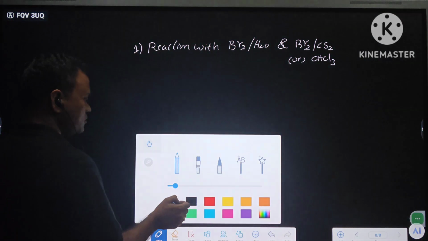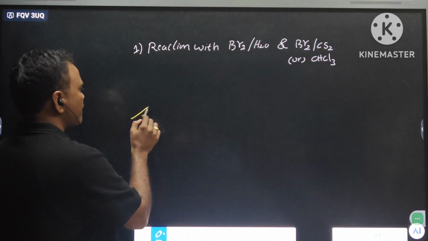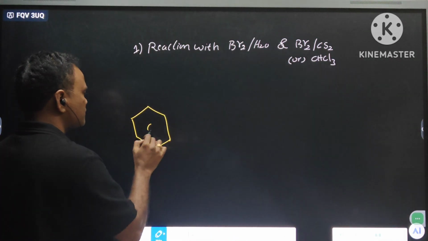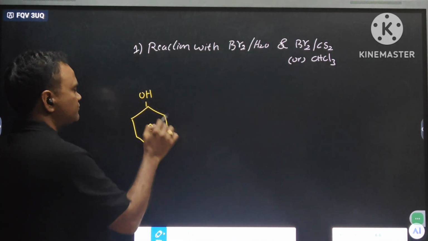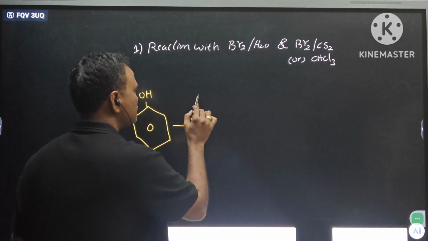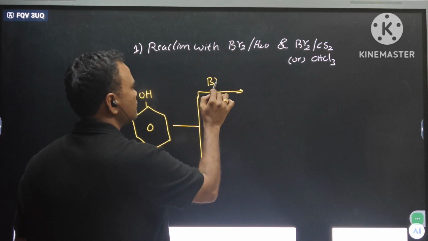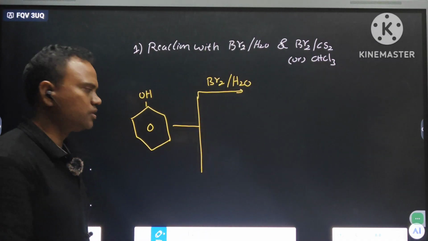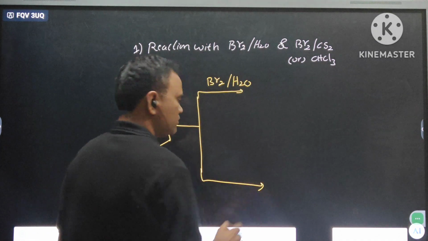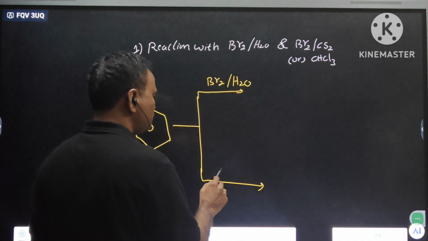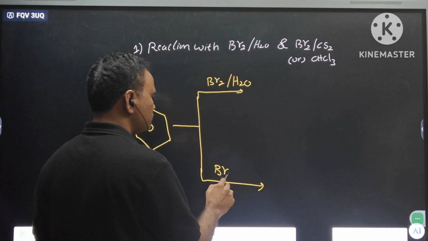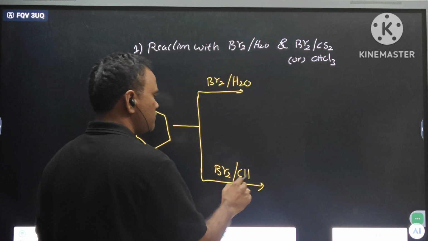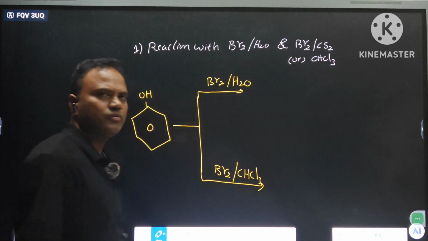What are the products? Bromine water, CHCl3.